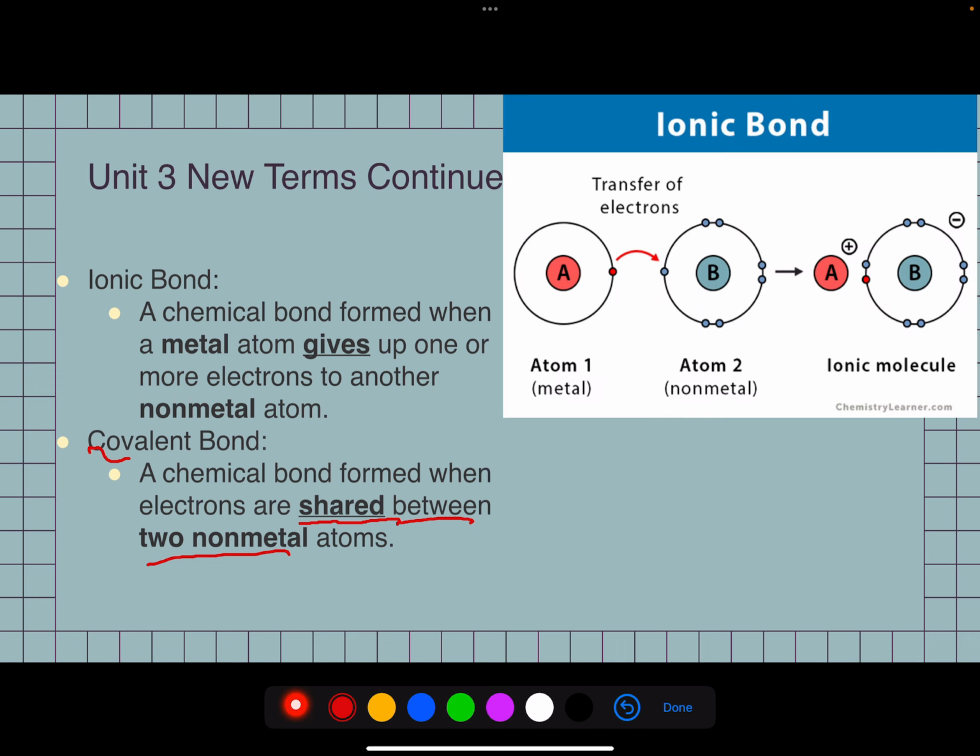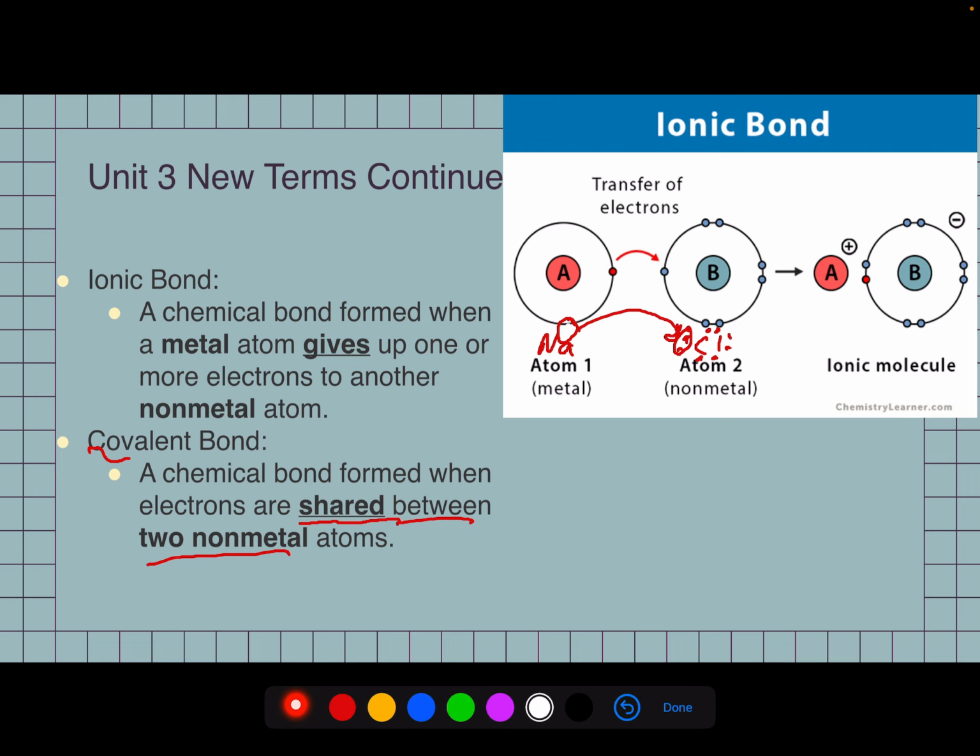So here is a better picture. We have our metal atom, right? So think of this as if we have sodium that has one valence electron, and if we have chlorine that has seven, right? This guy is going to give its electron over to chlorine here and it's going to make a bond. And when that does, this here is now gone, okay?